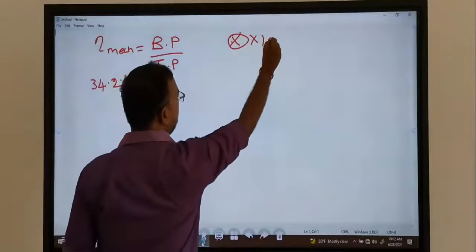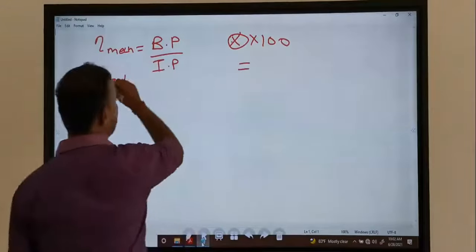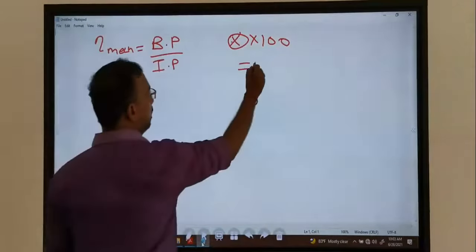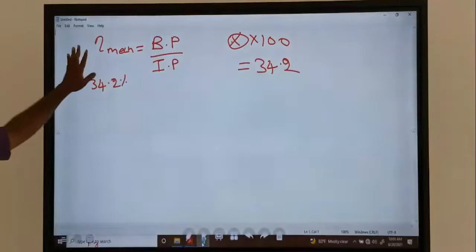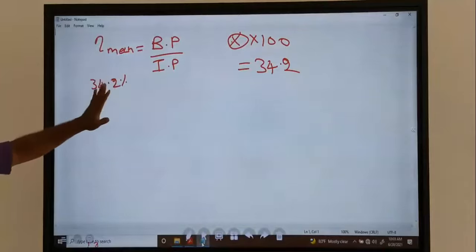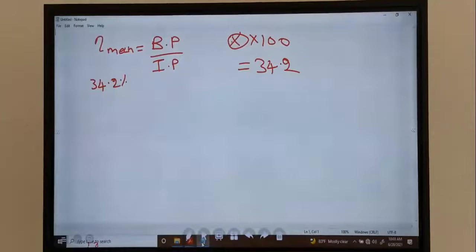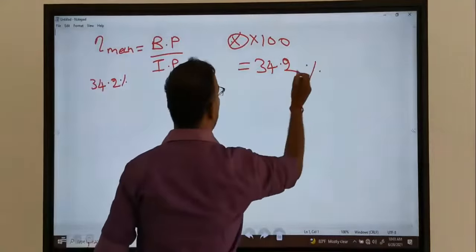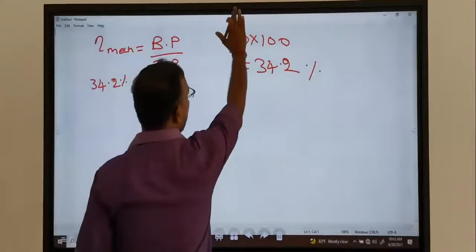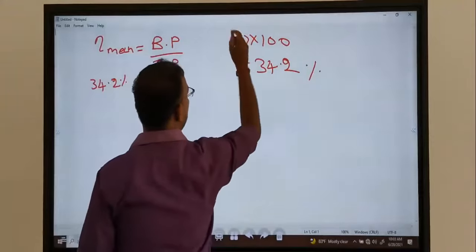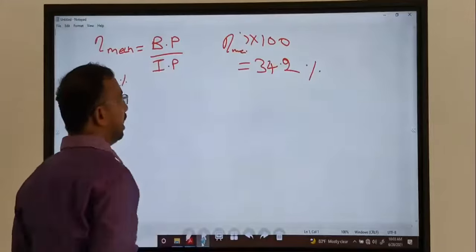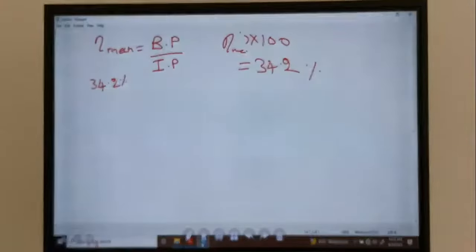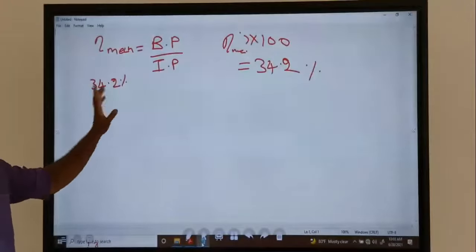A value multiplied by 100 comes as a percentage. So here the efficiency was given as a percentage, and the mechanical efficiency multiplied by 100 is the percentage.